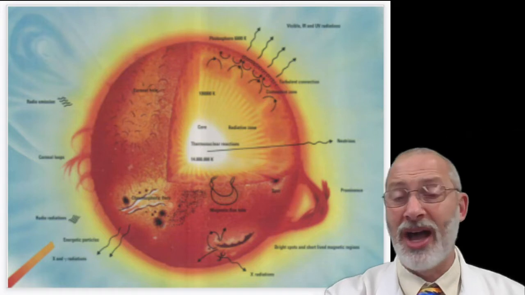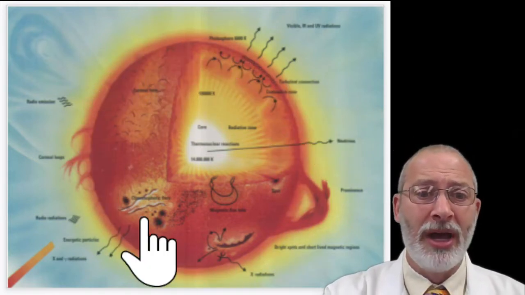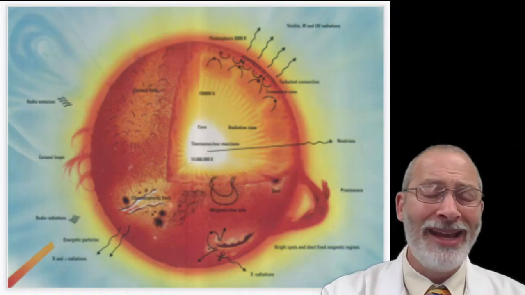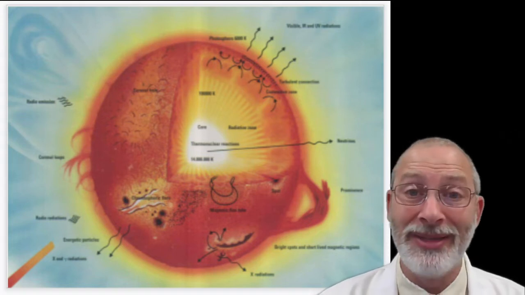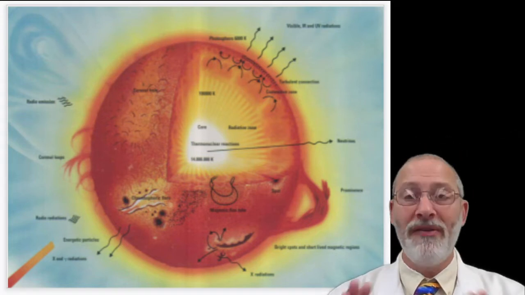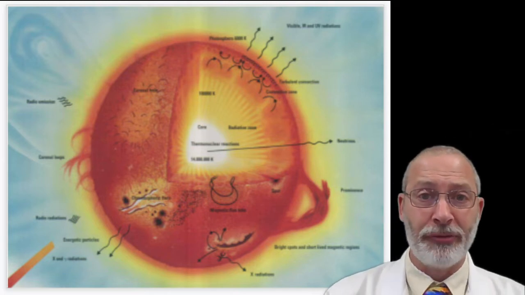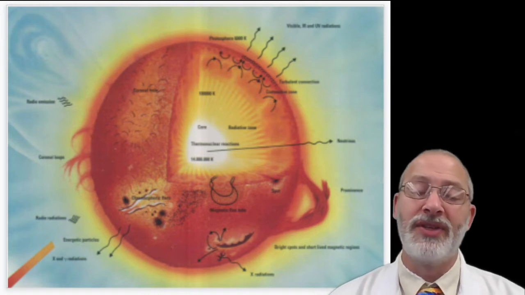Now, you don't have to copy this all down, but this is a diagram of the internal structure of the sun. And some of you might be asking, how in the world do we know what the inside of the sun looks like? Well, there are various instruments that we can use to peer at different levels of the sun and see different layers of the sun.